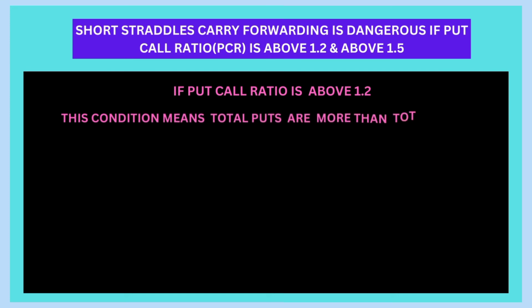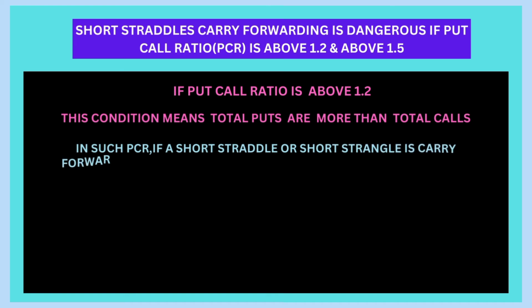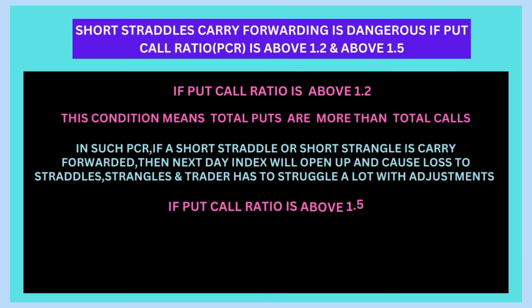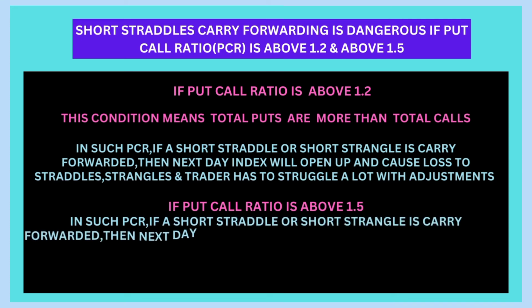So now, put call ratio is above 1.2 or 1.5. What will happen to short straddles and short strangles? Carry forwards I am talking about now. Suppose you have taken a short straddle and you are carrying it forward. Whether you can carry it forward or not, you can assess by seeing the put call ratio.